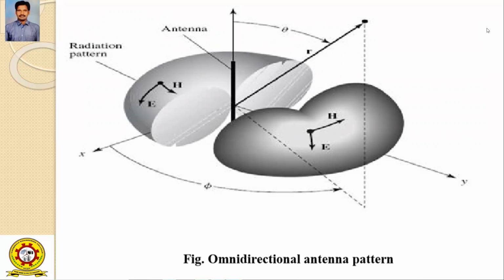A simple dipole, simple pole, has a figure 8 radiation pattern, where maximum radiation occupies along its major radiation path.